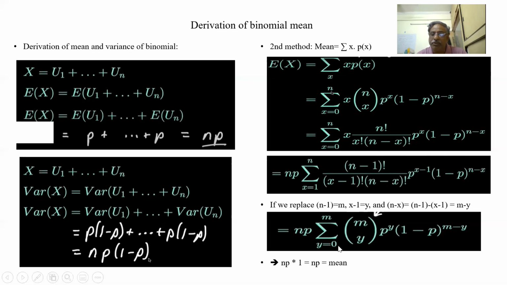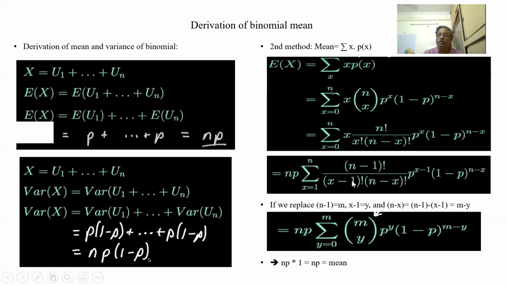This has converted to the sum over y from 0 to m of mCy, p to the power of y, 1 minus p to the power of m minus y. There are m trials. For these m trials, I am adding all probabilities. This is 1. So the answer is np. This is the mean.